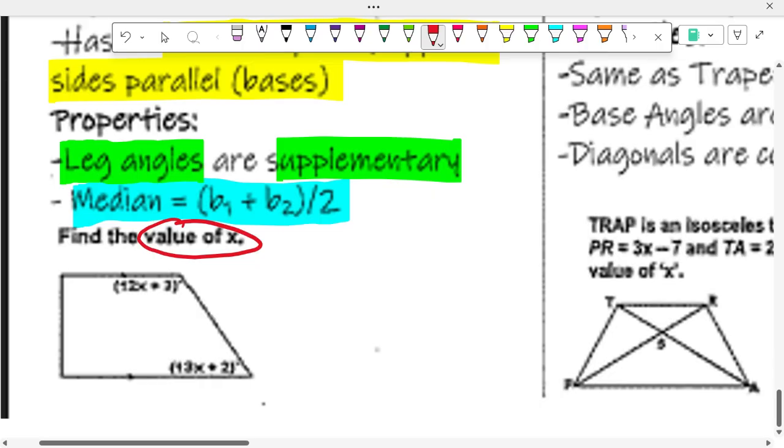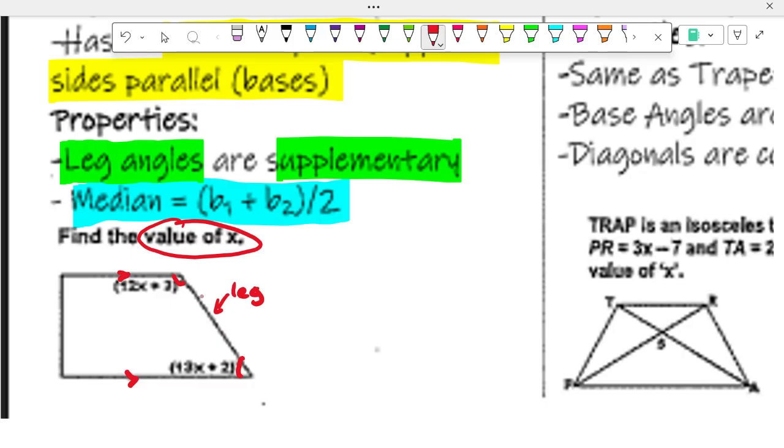It's a little hard to see, but this is 12x plus 3, and 13x plus 2. We're looking at these two angles. What's the relationship between the two? They're supplementary. These are two leg angles because our parallel bases are right here. So that means this side has to be a leg, and the angles formed by that leg are the leg angles.